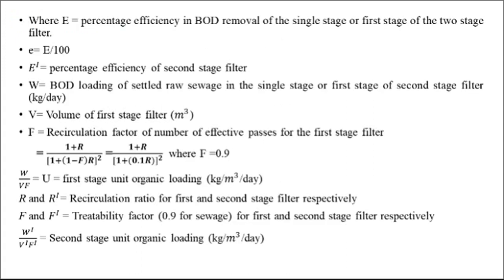where capital E is the percentage efficiency in BOD removal of the single stage or first stage of the two stage filter. Small e is equal to capital E by 100. E dash is the percentage efficiency of the second stage filter.